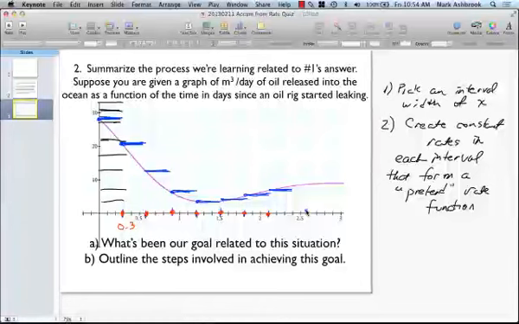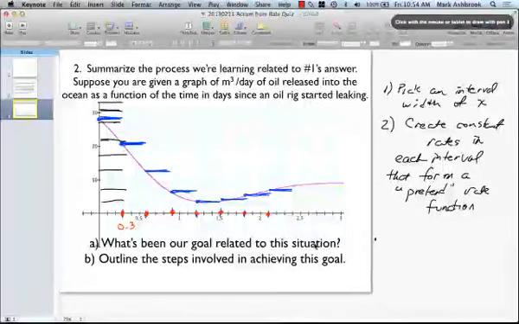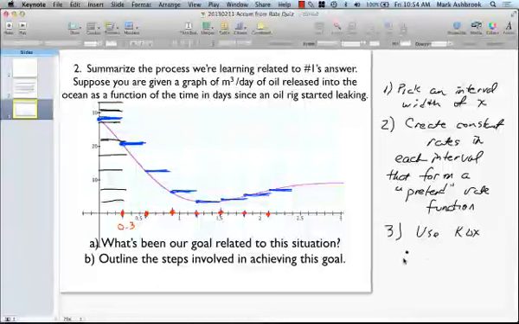So, constant rates, and then what's the next step? We're going to use K delta X to calculate. What does it calculate? Right, bits of oil, or bits of volume. That's accumulating.